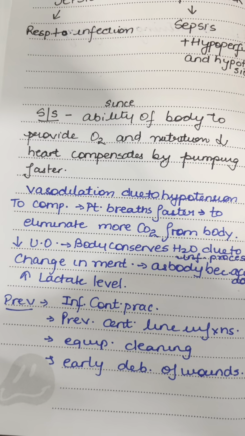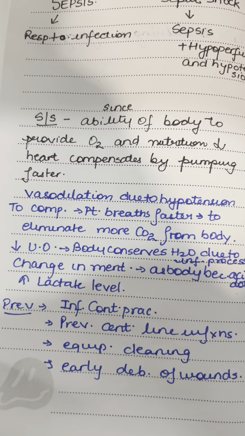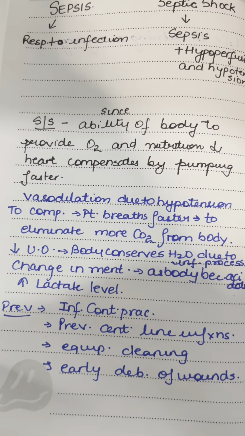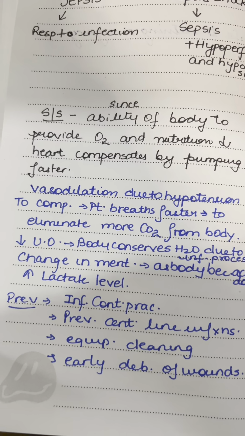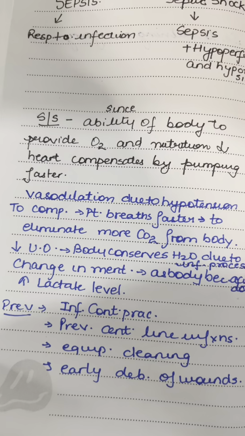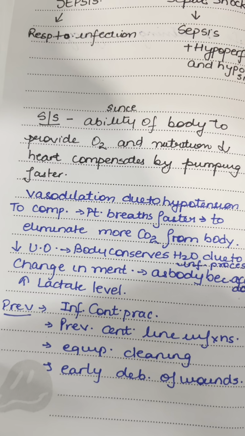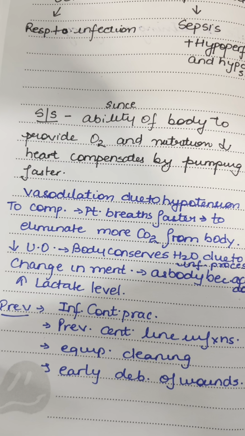That increases the vasodilation. So the body is not perfusing well, the organs are not perfusing well, they're not getting enough oxygen and nutrition because of the sepsis, because of the microorganisms invading into our body. So this is an inflammatory response.